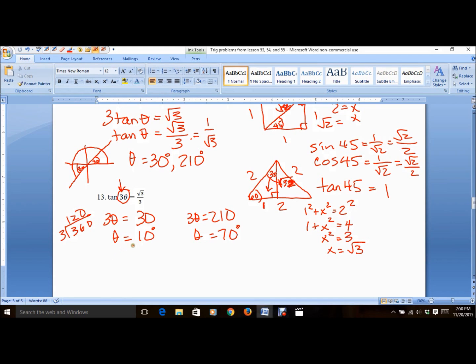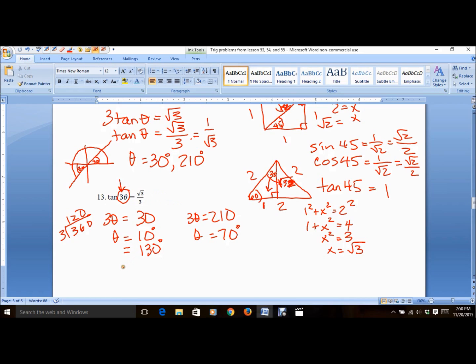So I can add another 120 degrees to this and get 130, and that's another possibility, because if I spin around to 130 for theta, 3 times 130 is 390, which puts me in the first quadrant at 30 degrees, which is where you get a tangent of square root of 3 over 3.